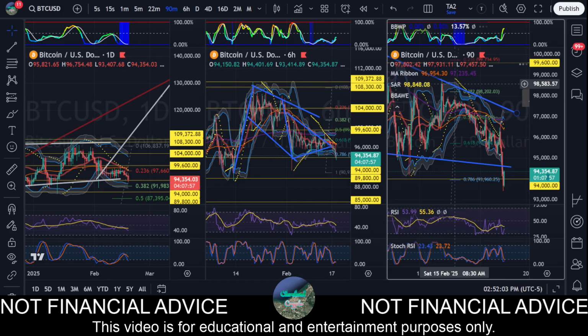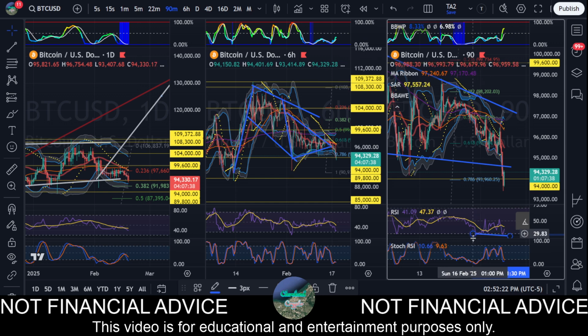Back to the 90-minute chart, we are seeing a possible bullish div here. Let me draw it out for you. The bullish div would be here on the RSI, pulling in higher or flat bottoms here, got you there and you there.